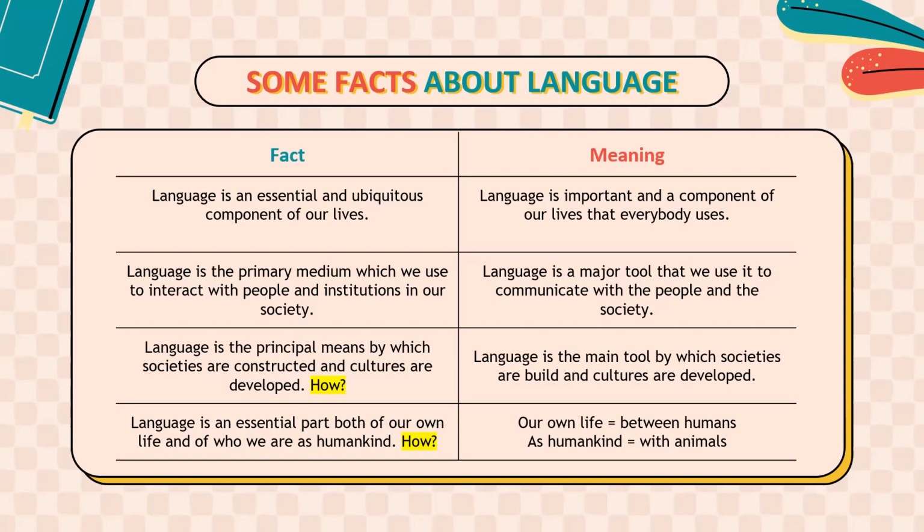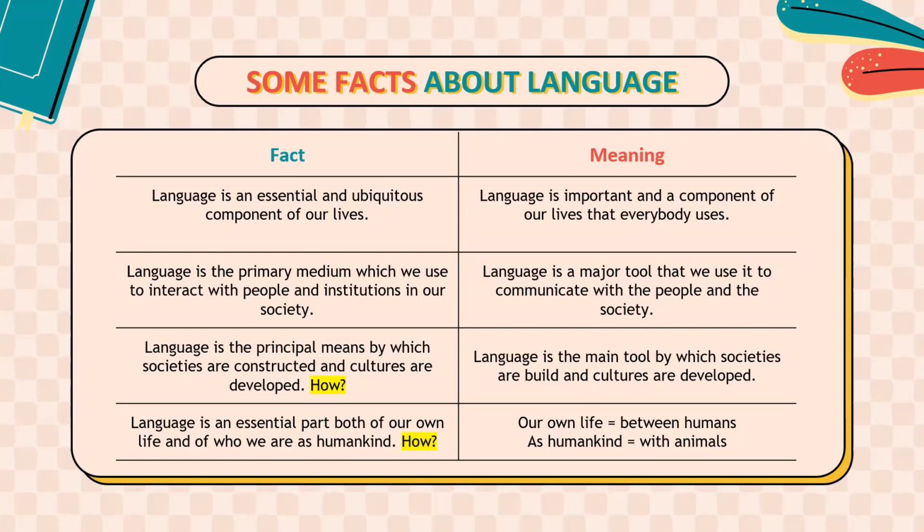The second thing, who we are as humankind, differs us from animals, because humankind has language, but animals don't have language. Cats, for example, mew all the time. We don't know what they are saying, but we can understand that they don't have language.